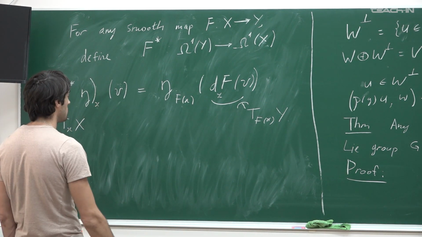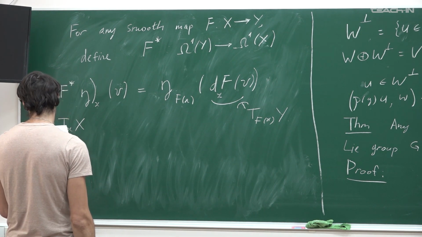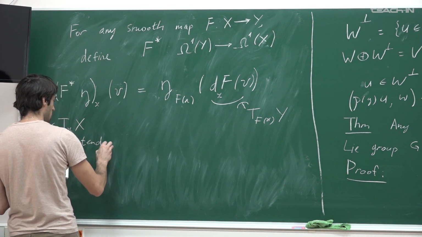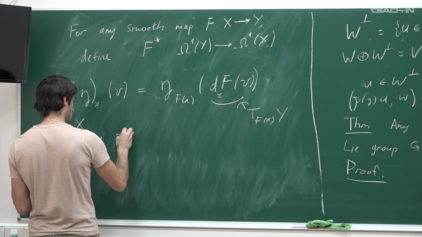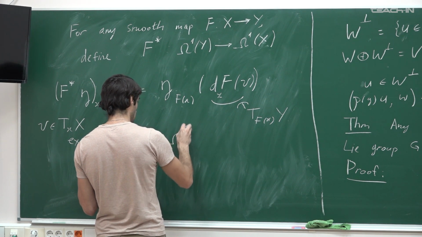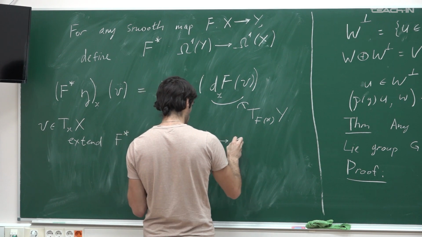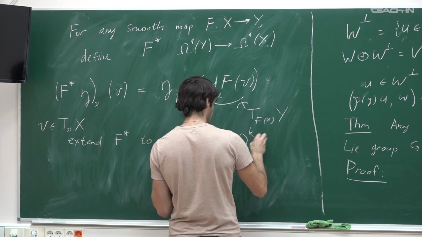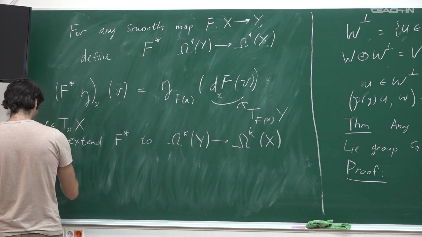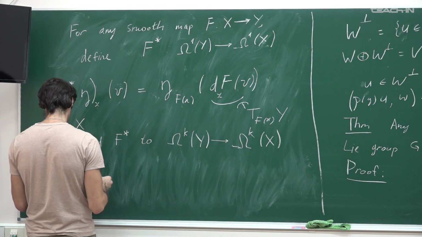All right. So this is just to recall what's going on, and then we can take this definition and extend f star to Omega k, to k forms. Well, it's just the most natural way to do this.